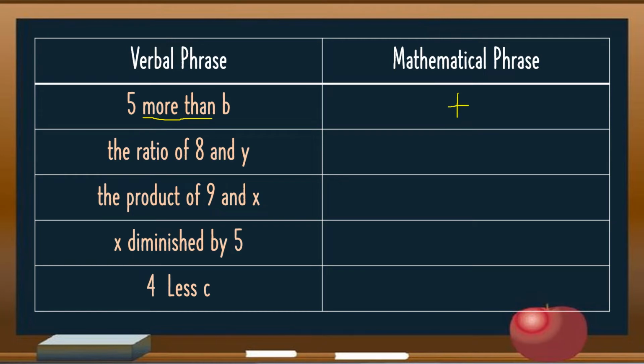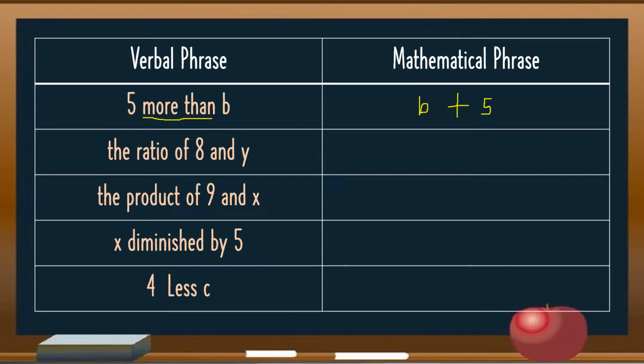Since yung more than, siya yung word na kapag ginamit natin, kailangan baliktarin yung order. It means we have B plus 5. So, yung first number na sinabi sa ating verbal phrase, magiging second number. Then, yung second letter or second term, magiging first term siya sa mathematical phrase.